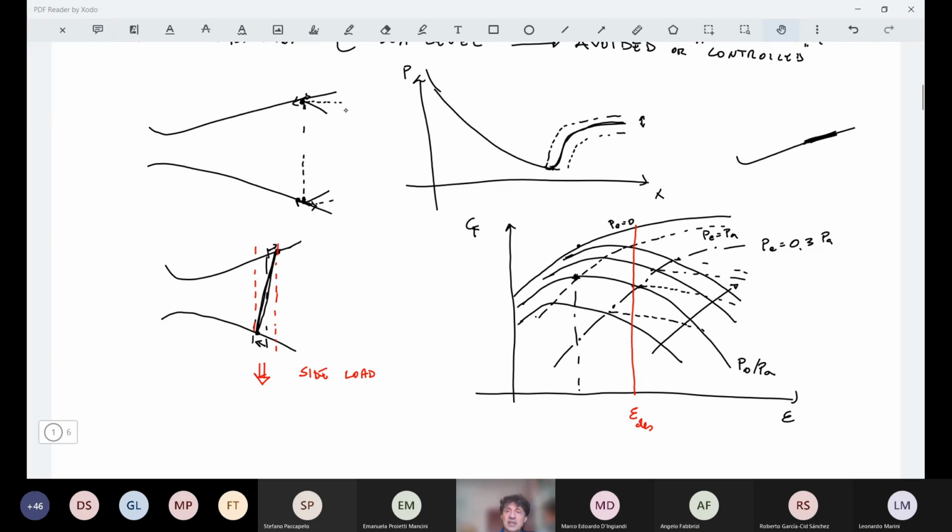What you see here is that at this point, for this epsilon, if we have selected this epsilon because we like to adapt at this altitude, or let's do a different reasoning. So let me remove this line, it's better to work in this way. So we know that, for instance, this P0 over PA is the ambient pressure at sea level, and this is our design total pressure.